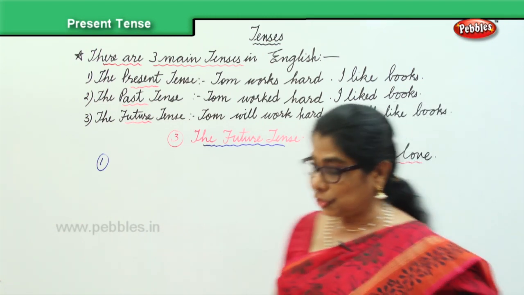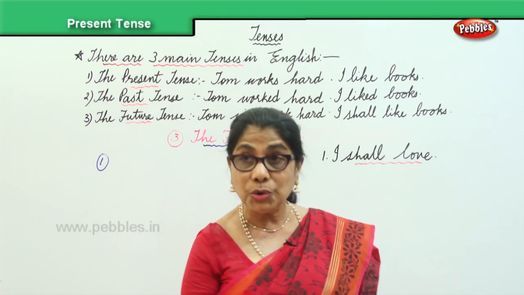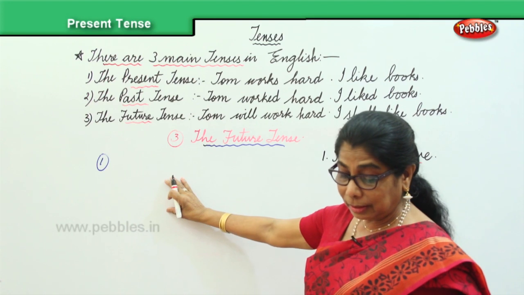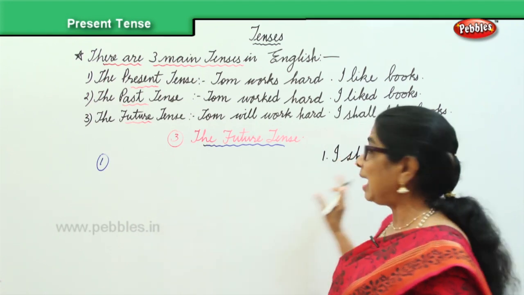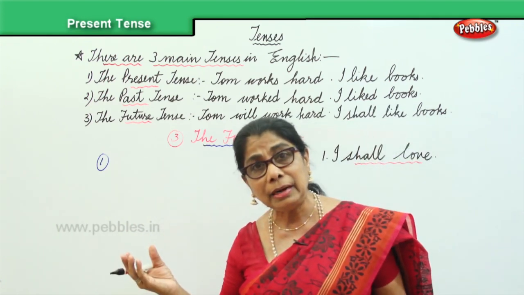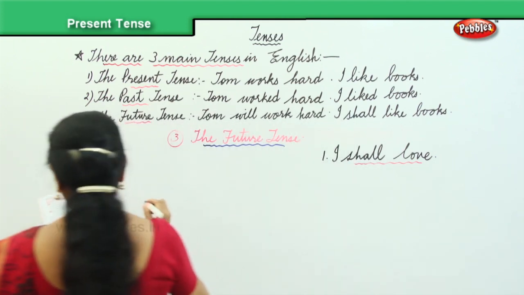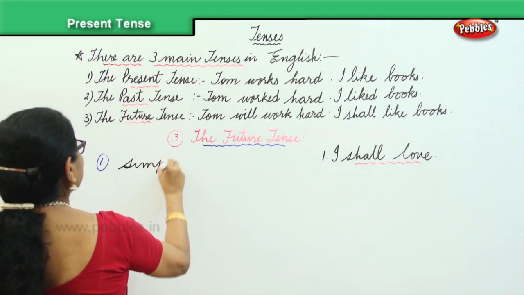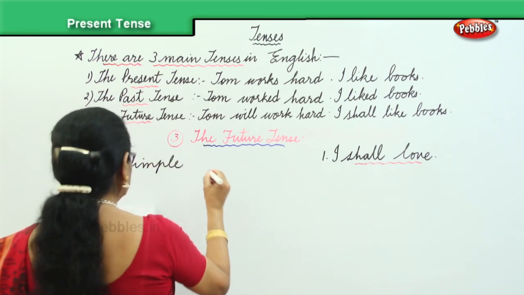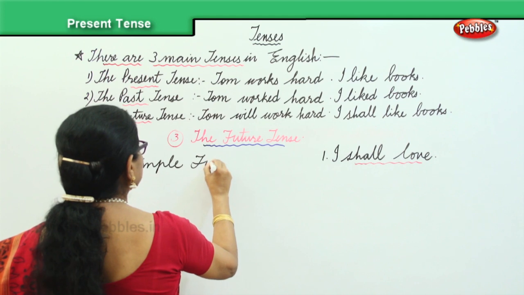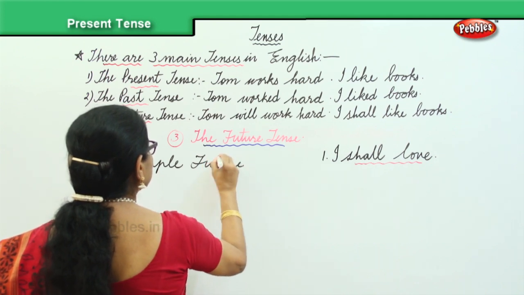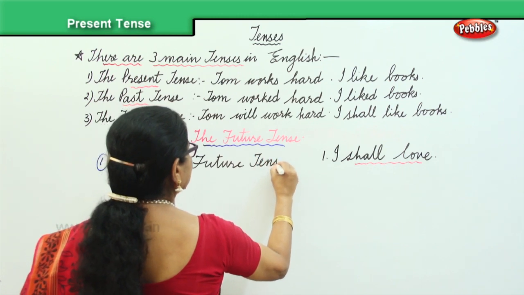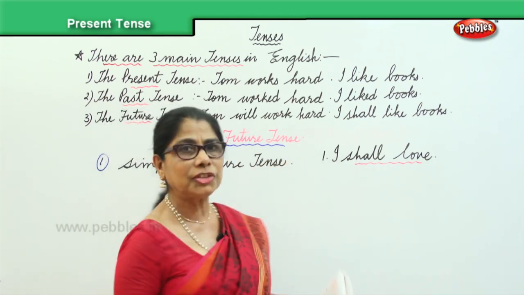Look at the verb shall love. And so we say that is a simple future tense. Shall love is simple future tense. So the first type is simple future tense. That's the first step. I shall love.